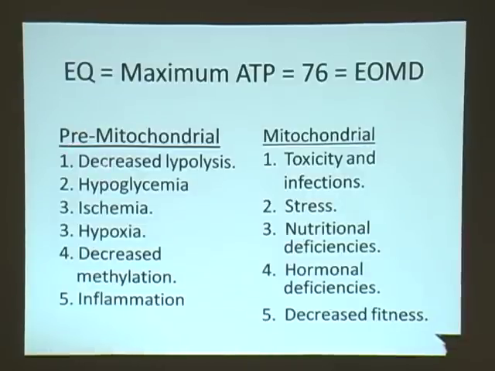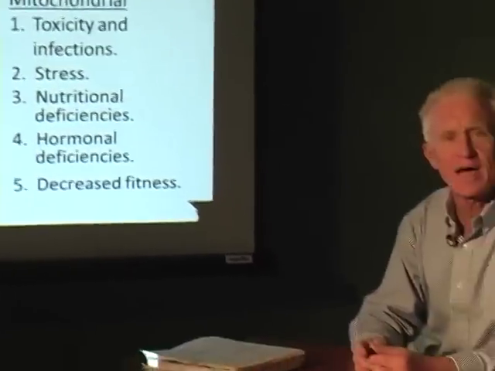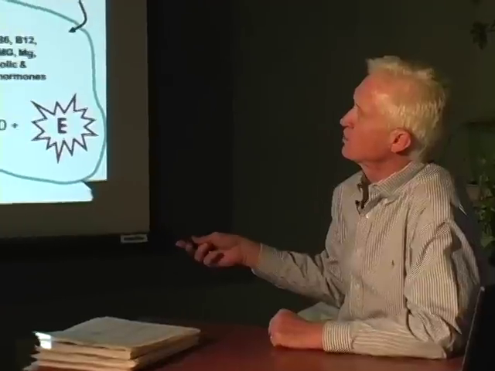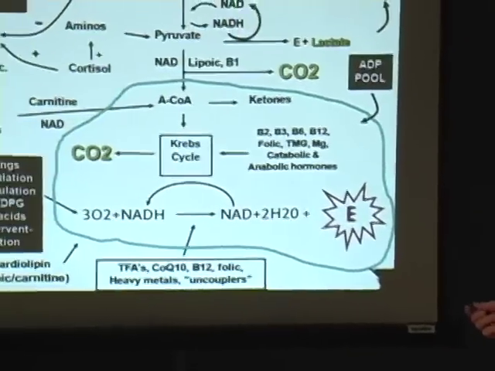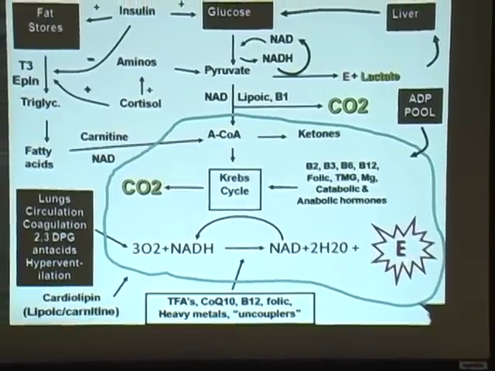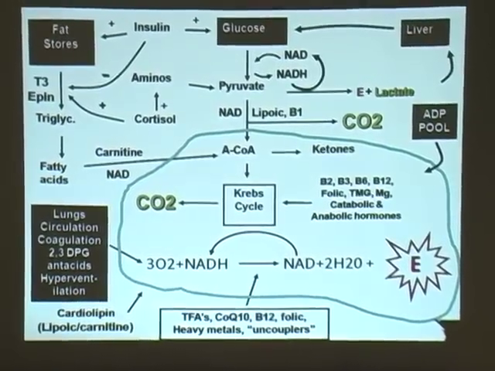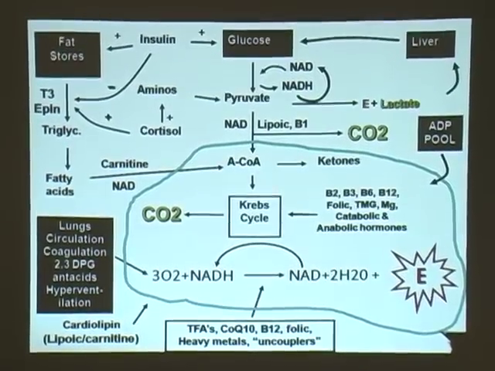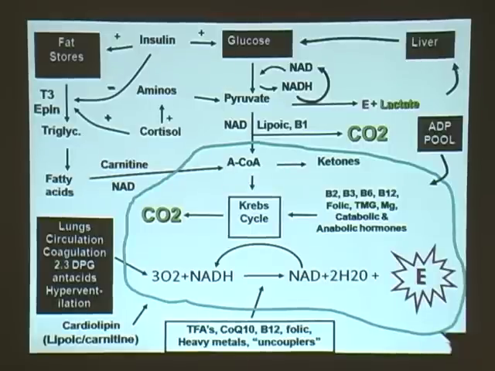So the first thing is decreased lipolysis, a decreased ability to break down fat. So let's go to this slide here. If you remember that from the previous parts, here's the mitochondria, and here's his fat stores, and he's got to convert fat into energy. He's not doing that very well.